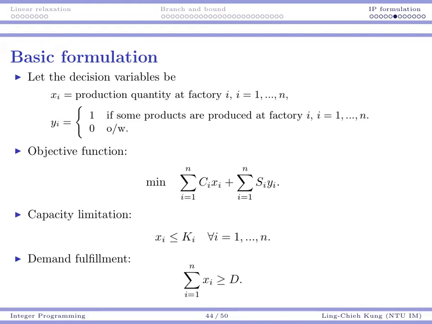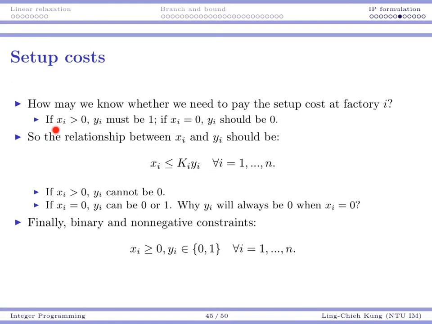The last thing I need to do is to connect Xi with Yi. Once Xi is positive, I need Yi to be 1. If Xi is 0, then Yi should be 0. And the answer is here.